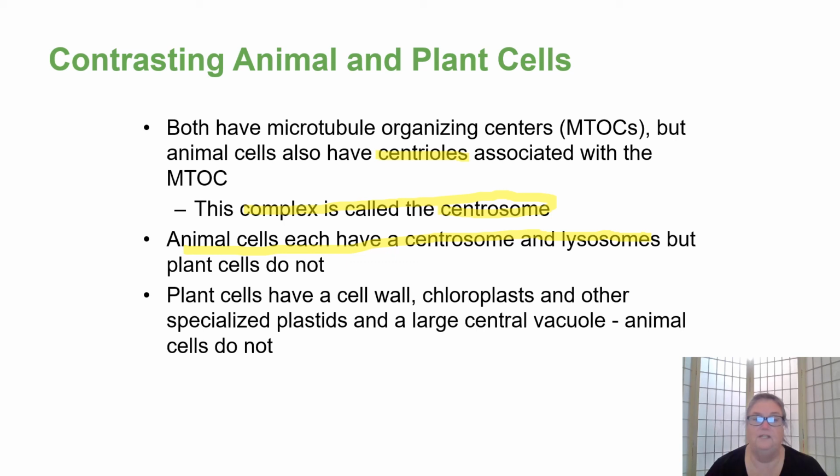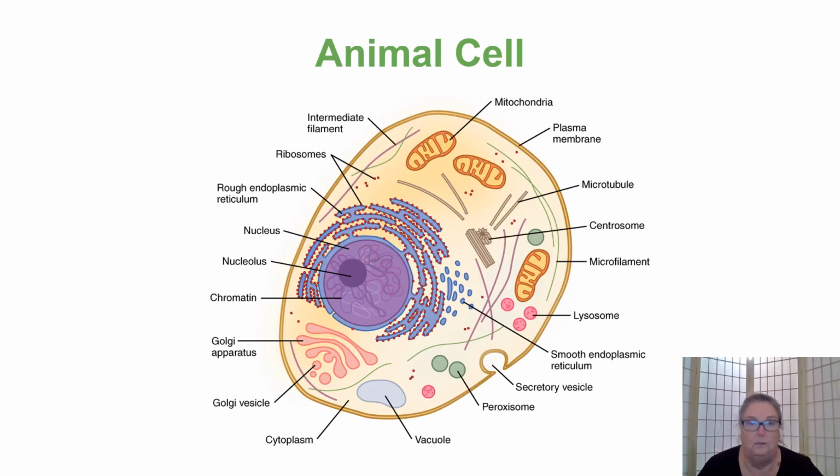Plant cells have a cell wall, a chloroplast, and they also have a large central vacuole, and animal cells do not. Plant cells: cell wall, chloroplast, central vacuole. Animal cells: centrioles, lysosomes. No cell wall.